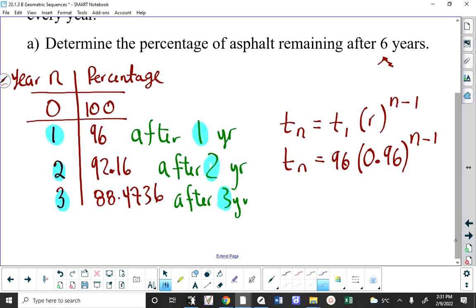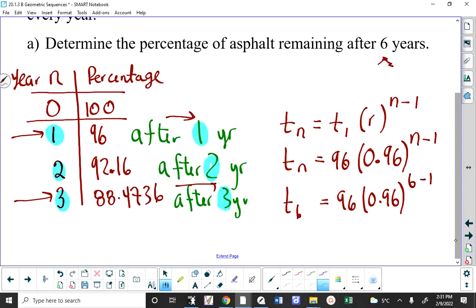But we've set it up this way so that the numbers match. After the first year, first term. After the third year, third term. So if you want to determine the percentage remaining after 6 years, put 6 in for n. T6 will equal 96 times 0.96 raised to the 6 minus 1, whatever that is.